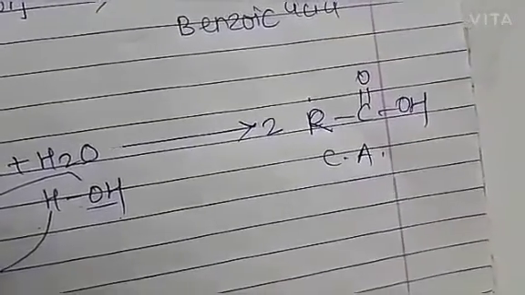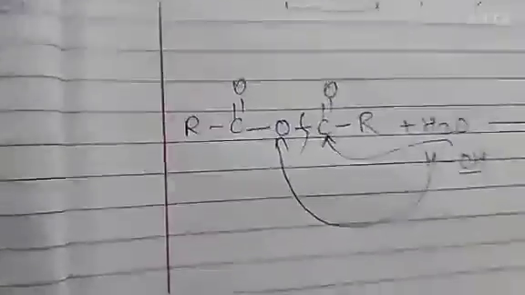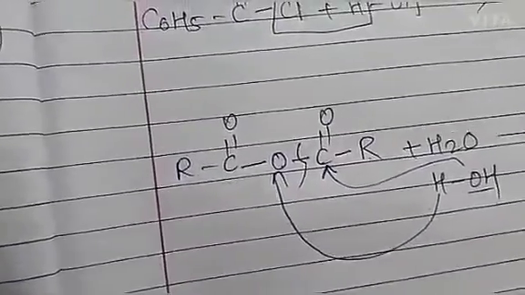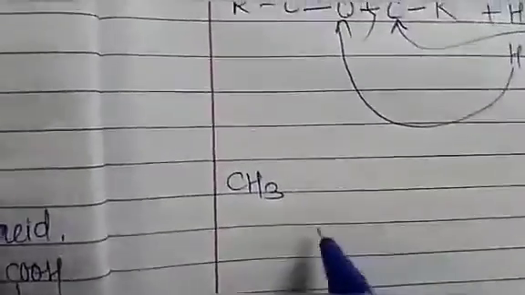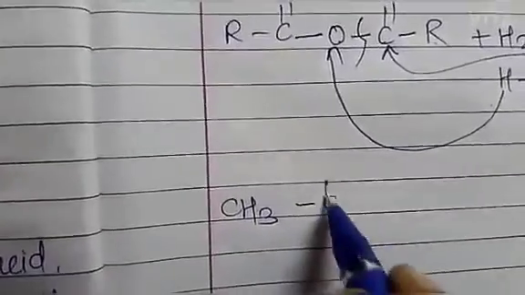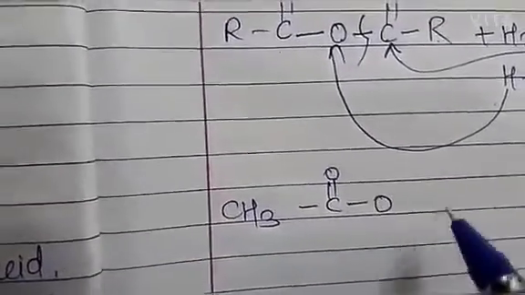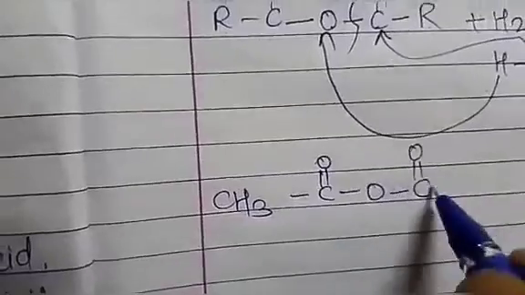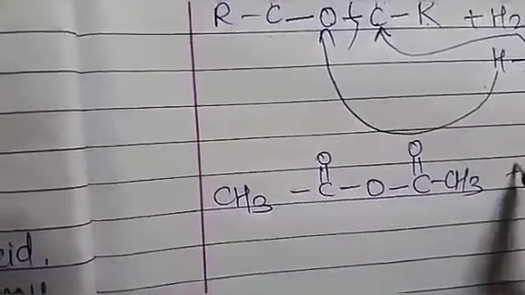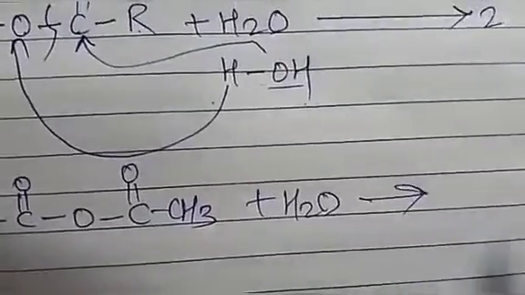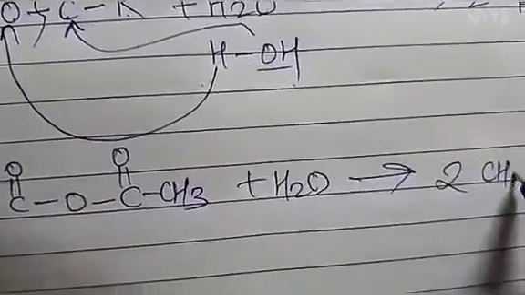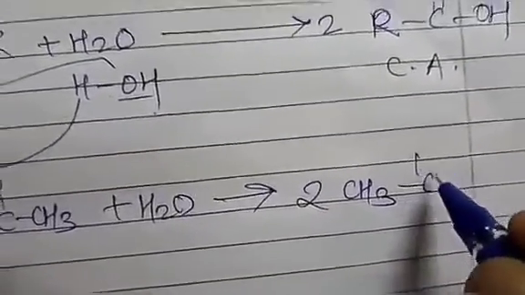In general we have written this reaction. Now one example we will solve. We will take the example of acid anhydride CH3 C double bond O O C double bond O CH3, which undergoes hydrolysis with H2O. It forms 2 molecules of acetic acid.